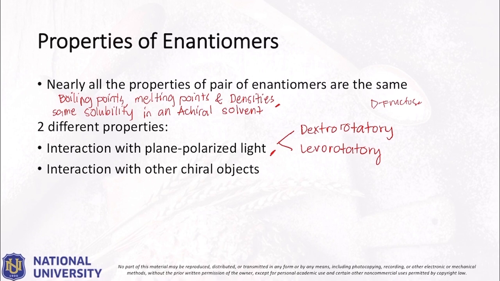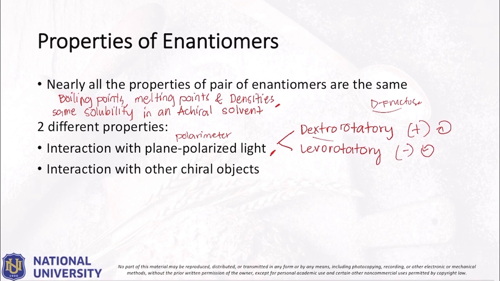So, kapag right, clockwise, positive. No? Kapag levorotatory, negative, counterclockwise. So, kailangan natin ng polarimeter to identify. No, hindi basta makita nyo lang D-fructose ay automatic dextrorotatory na siya.